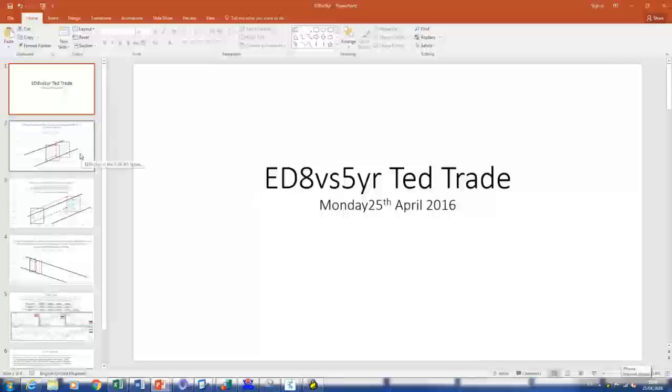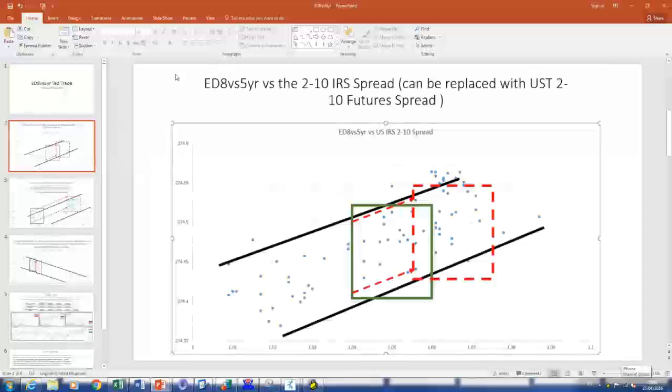And I'm going to go through the slides to talk again through some of these points, right? So the Eurodollar eighth outright future versus the 5 year, and I've overlaid this in the scatter plot versus the 2s, 10s interest rate swap spread, right? You can replace this with a US 2 year, 10 year future spread.